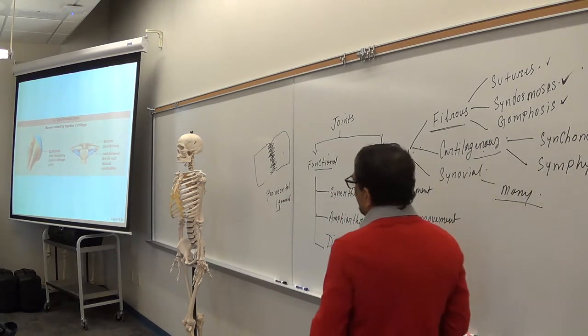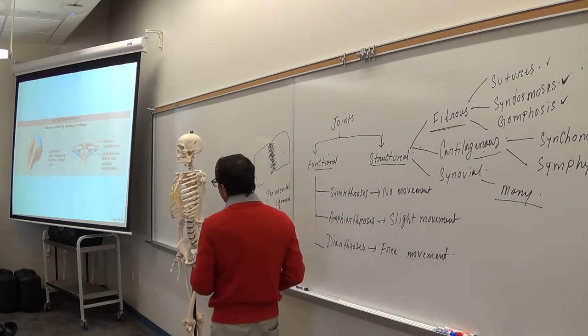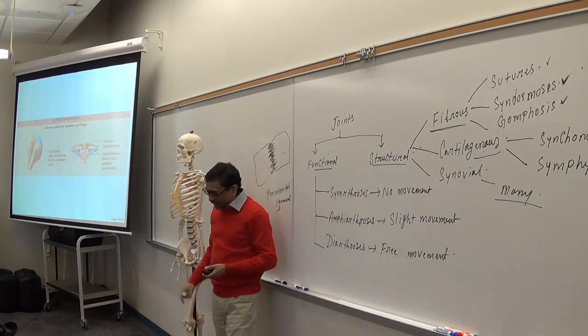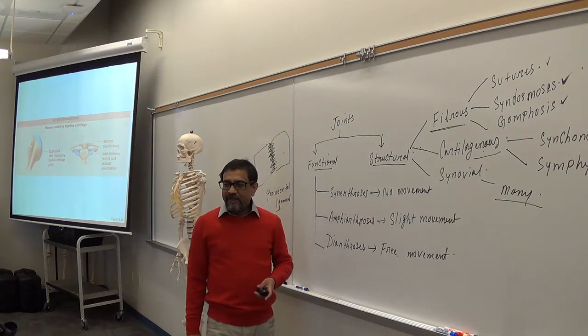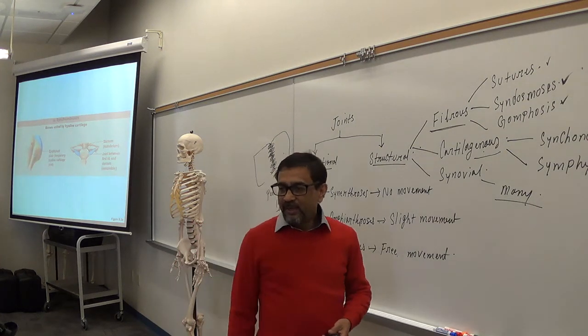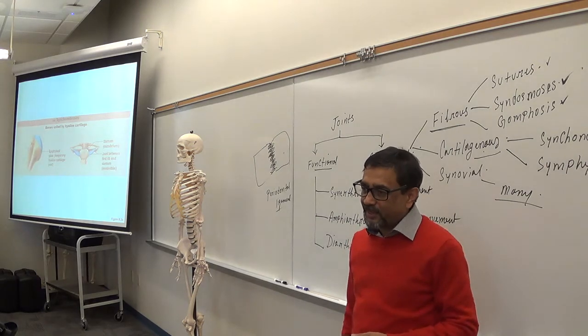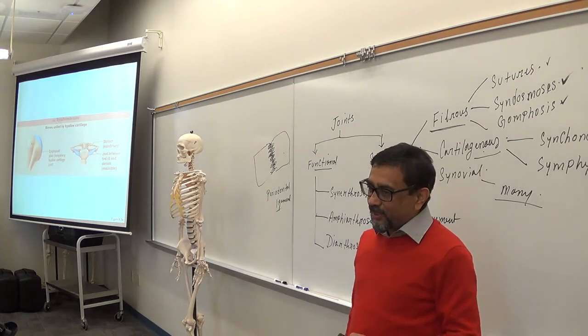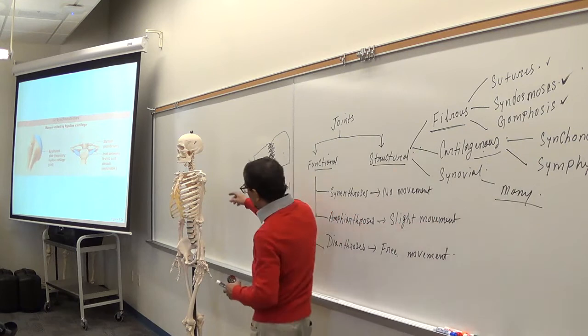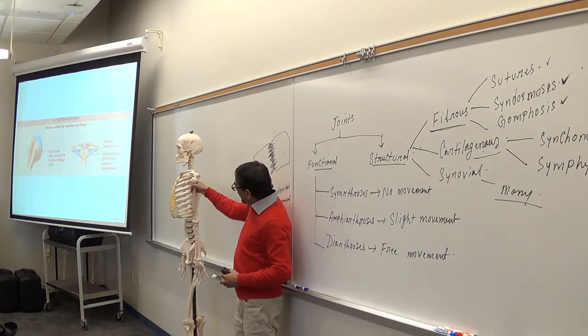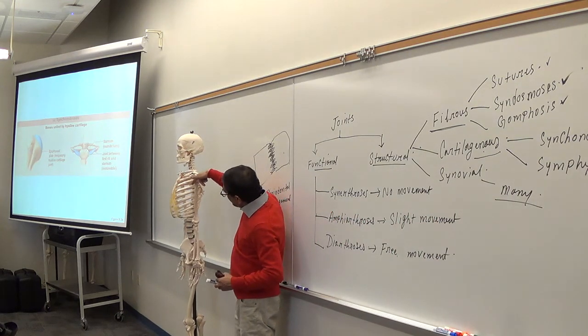Example of synchondrosis is the hyaline cartilage, first rib and sternum, and also the head of a long bone is attached to the shaft. Although we don't see from outside, if you see inside the bone, for example, this is the head and this is the shaft. Inside this area, you will find a hyaline cartilage.